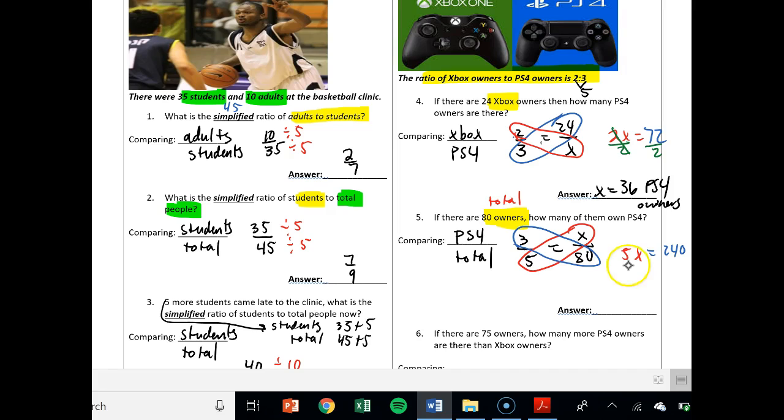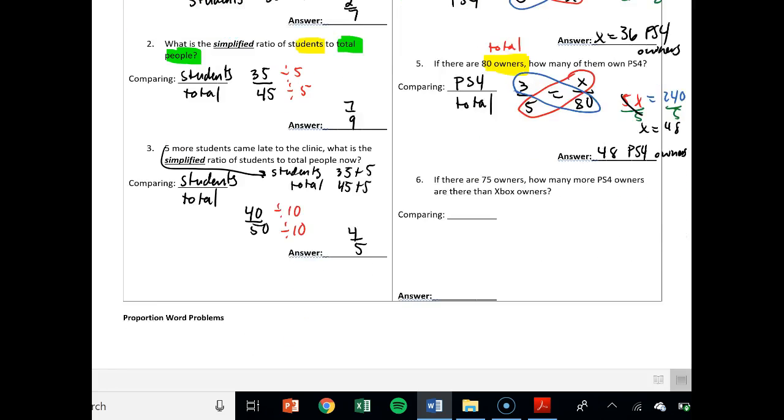And then to simplify, I go ahead and just divide by 5. So 240 divided by 5 gives you 48 people. So that cancels out. X equals 48. So 48 PS4 owners if there were 80 total owners just in a room, okay?